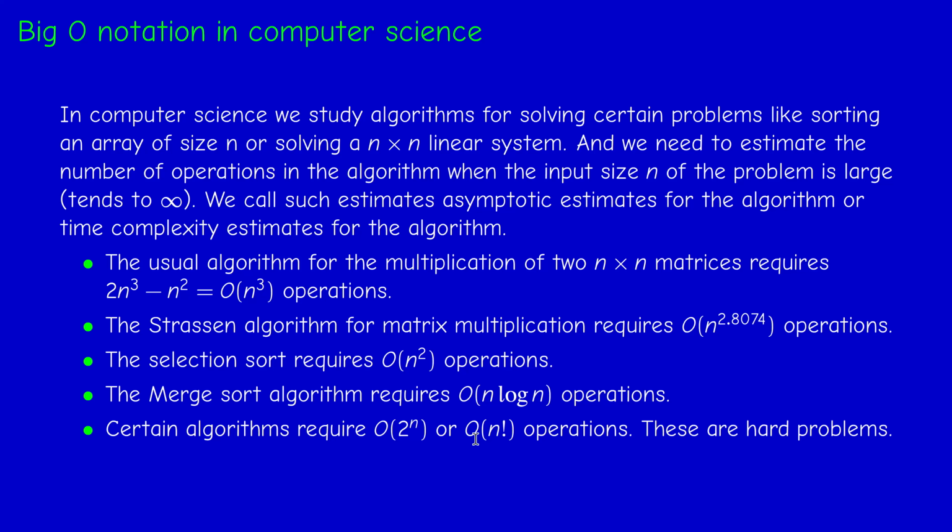The known algorithms require so many operations that when n is, for example, of order 100, this may require centuries of computations. Try to compute 100 factorial. This is really above the capacities of most computers. So this is really an issue in computer science, the time complexity.